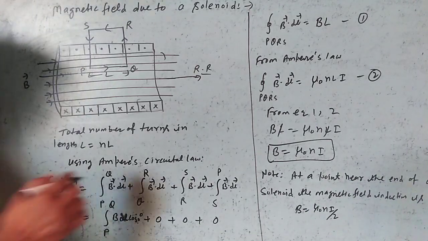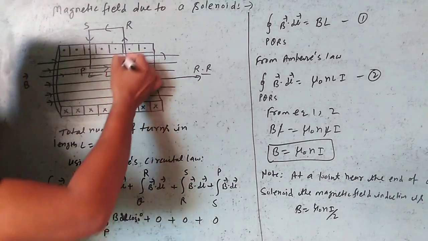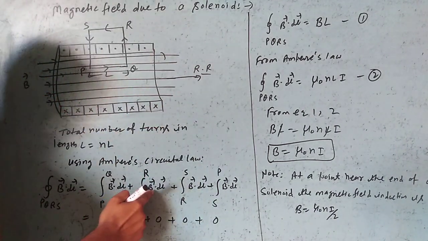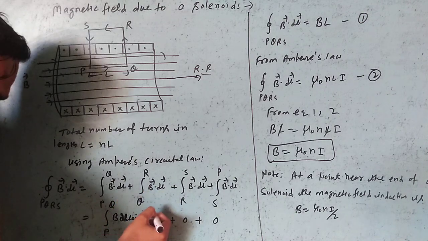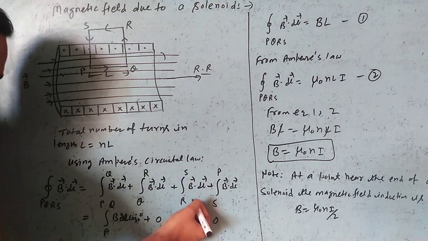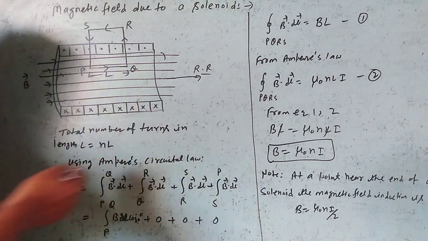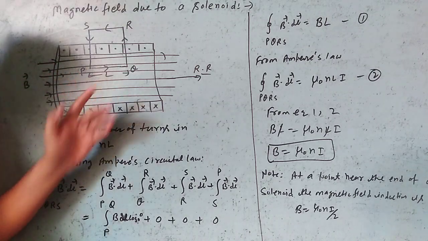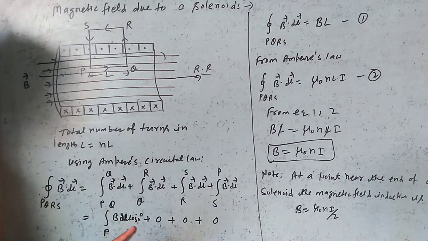Because QR is perpendicular, cos 90 is 0, so B dL cos 90 is 0. This value is 0, this value is 0, and this value is also 0. But only PQ has the value B dL cos 0, because PQ is parallel to the magnetic field. Cos 0 is equal to 1.